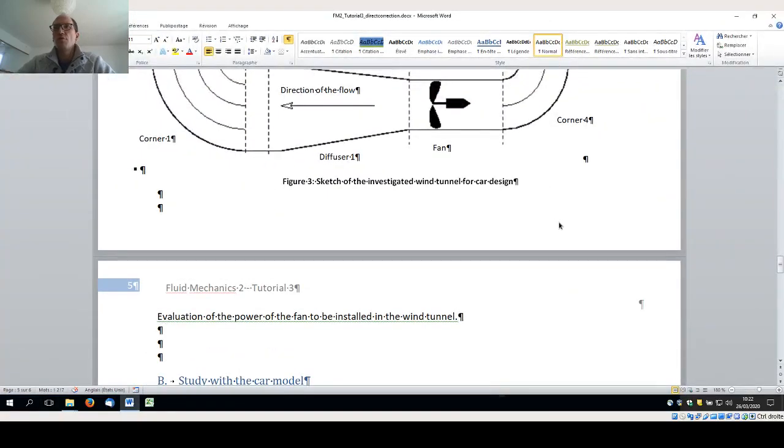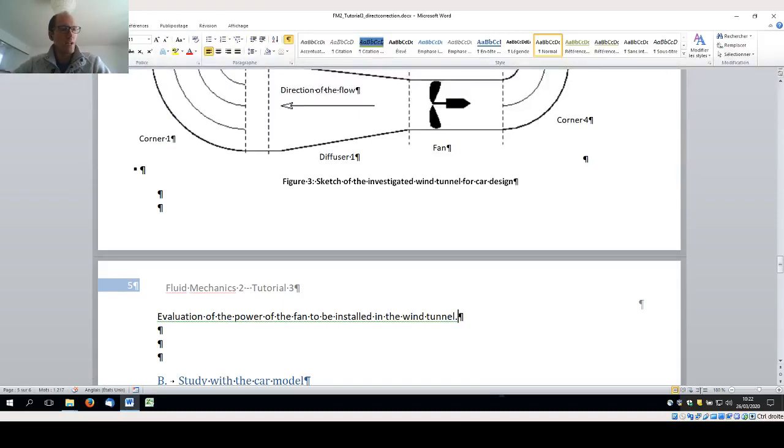So if we want to evaluate the power of the fan, in your mind, what kind of methodology will we use? Do you have any idea about the methodology we'll use to evaluate the power of the fan? If some of you have ideas, just write in the chat, for instance.